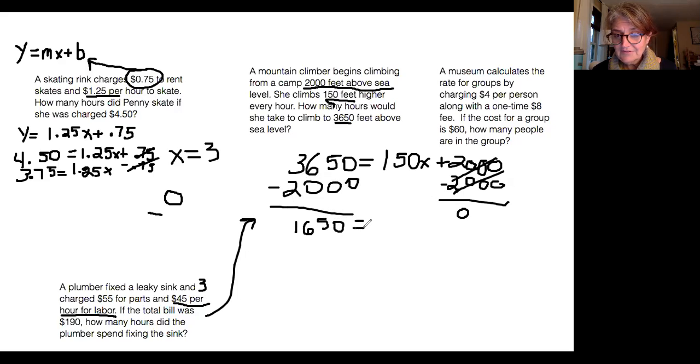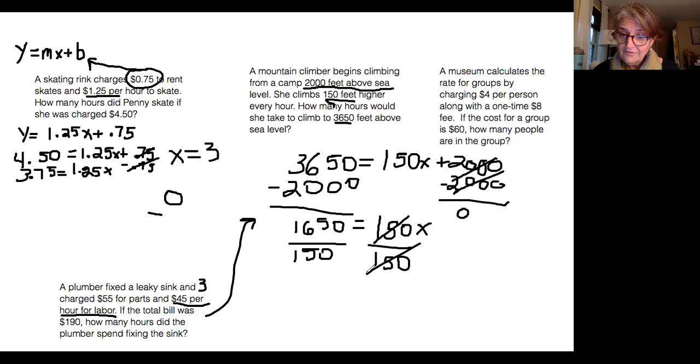And we need to divide that. Well, first let's set up our equation. 150x. In order to isolate x, we need to divide by 150. And also this side by 150, because what we do to one side, we must do to the other. This is going to be taken off.